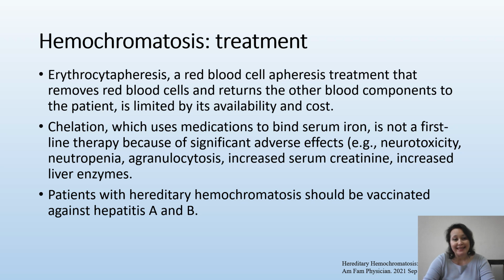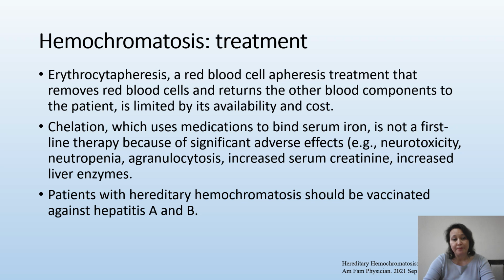Another method is chelation, where we use medications to bind serum iron. It's not first line treatment due to side effects like neurotoxicity, neutropenia, agranulocytosis, increased creatinine level, liver enzymes, but in a patient who has uncontrolled level of ferritin after phlebotomy, we think about second line treatment.